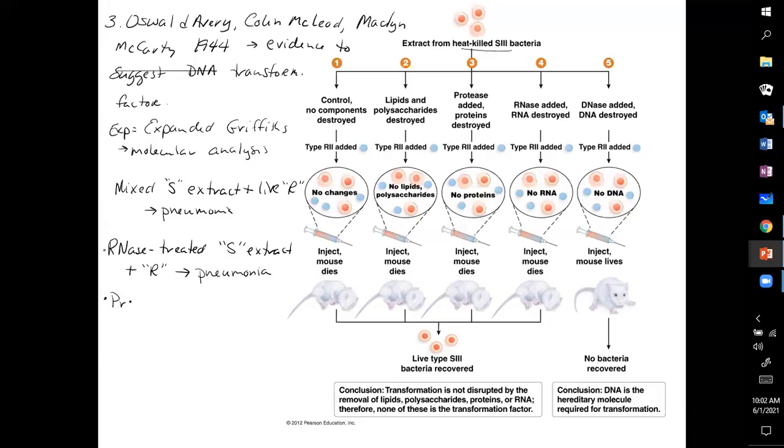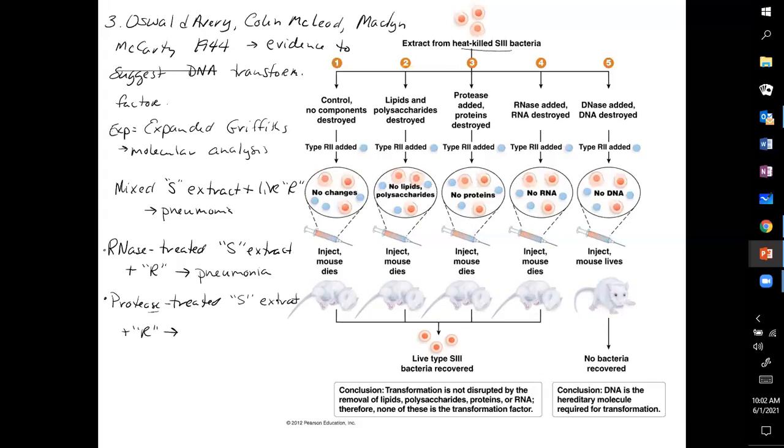When they treated the extract with protease, if you had to guess what proteases act on, ACE is telling you it's an enzyme. It's an enzyme that acts on proteins and it chops up proteins. So if they took protease treated S extract with live R and injected it into mice.